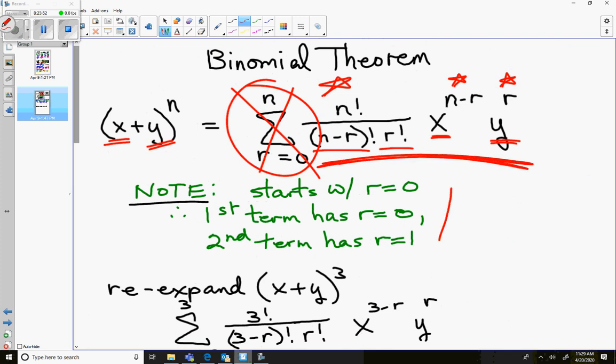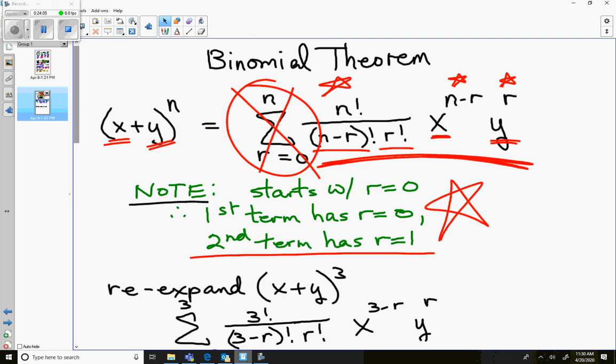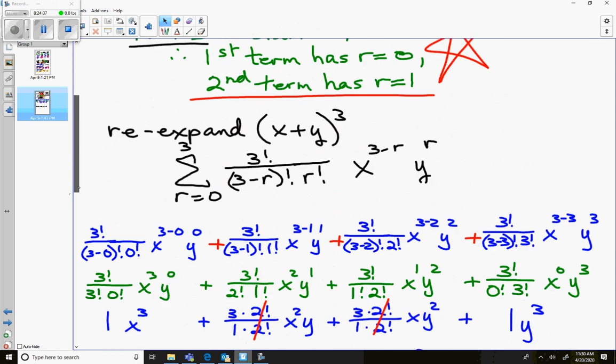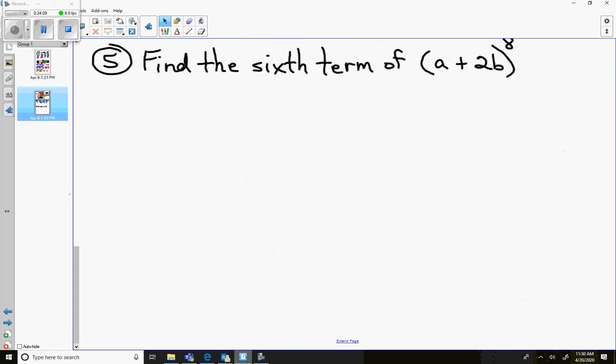Now, you also have to know this part. So if I am looking for the 6th term, what is r? Well, as with all of these, r is 1 less than the term we're looking for. So if I'm looking for the 6th term, then that means r is 5.